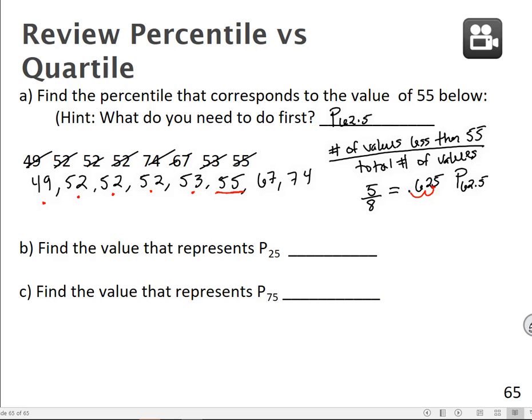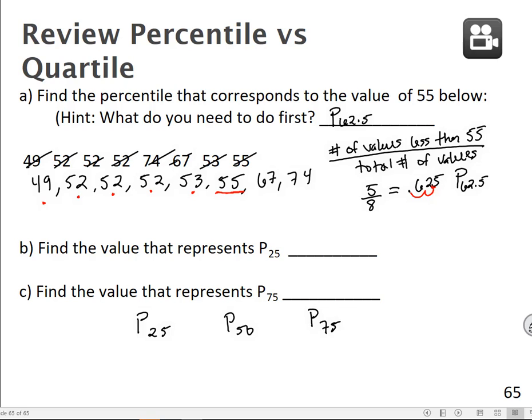So now that we've done that, let's find the value that represents P25 and the value that represents P75. If you'll remember, there is a nice relationship between certain percentiles and quartiles. So there's P25, P50, and P75.